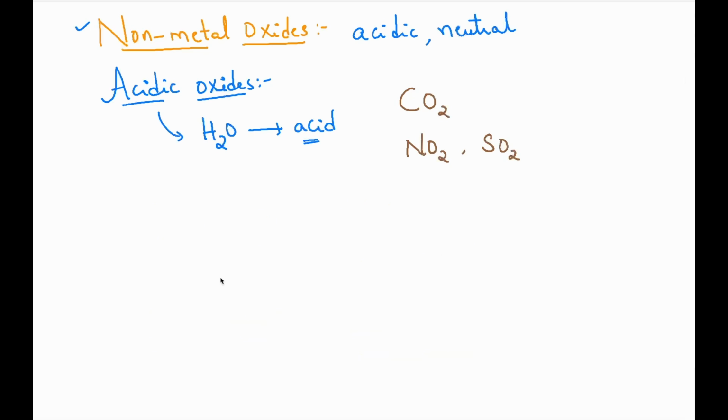Let us look at some general properties of acidic oxides. They usually exist in a gaseous state. All the examples that we see here, carbon dioxide, nitrogen dioxide and sulfur dioxide, are all gases. Second, they have high solubilities in water.